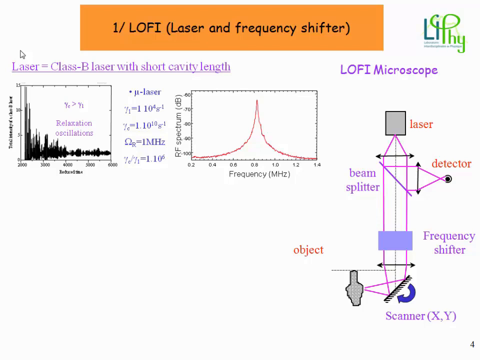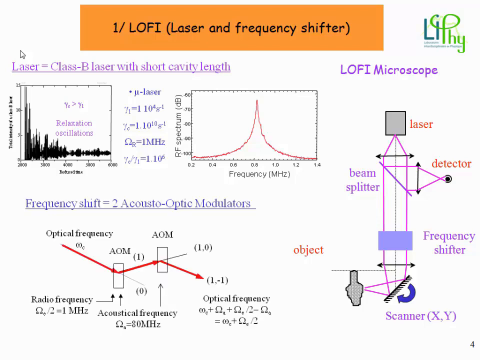Secondly, in the LOFI microscope, to obtain a beating between the feedback field and the intracavity electric field, we need to use a frequency shifter. And to obtain a resonant amplification of the beating, the frequency shift also needs to be in the megahertz range.